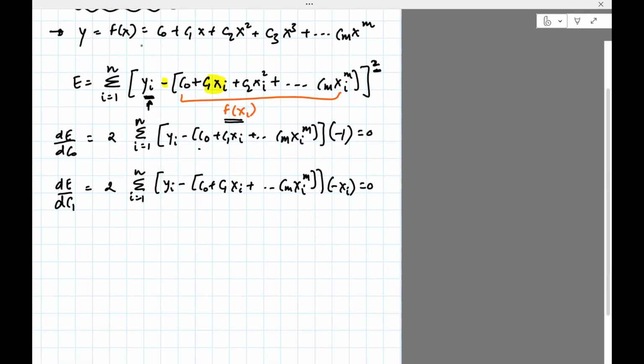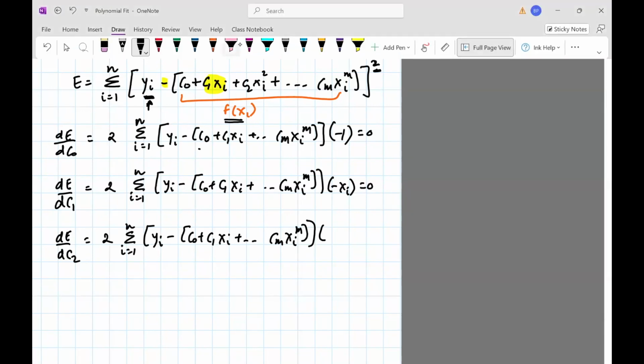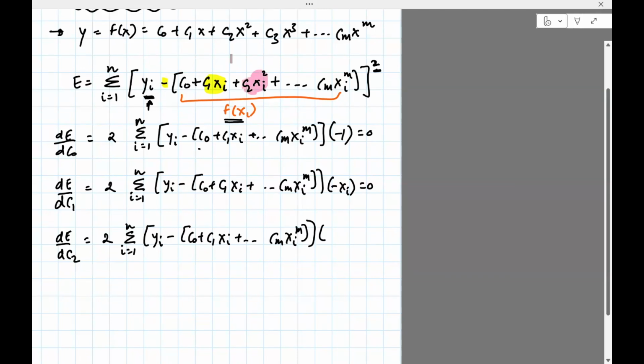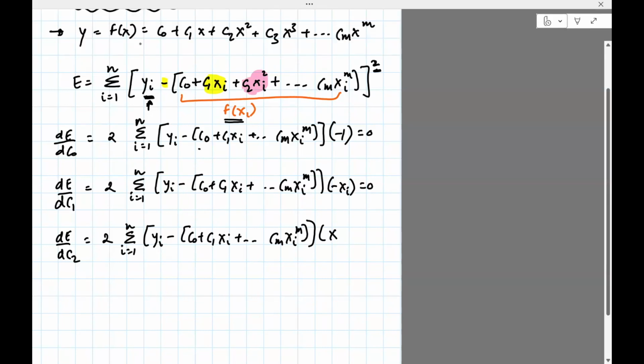So the next one, we can write quite easily. It's going to be the summation 1 through n of yi minus (C0 plus C1 xi plus so on Cm xi^m). Then there will be a derivative of the term which is here with respect to C2, and of course there's a negative, so negative xi square.